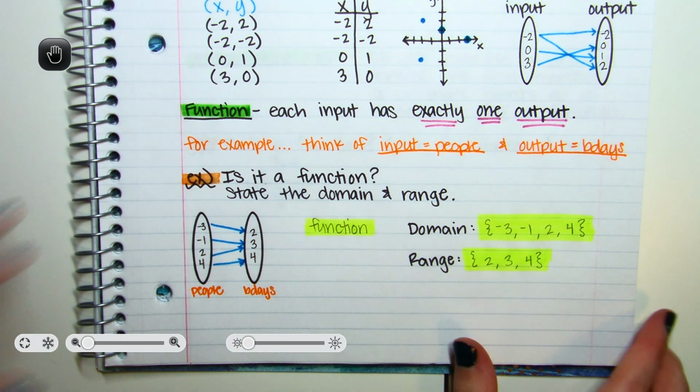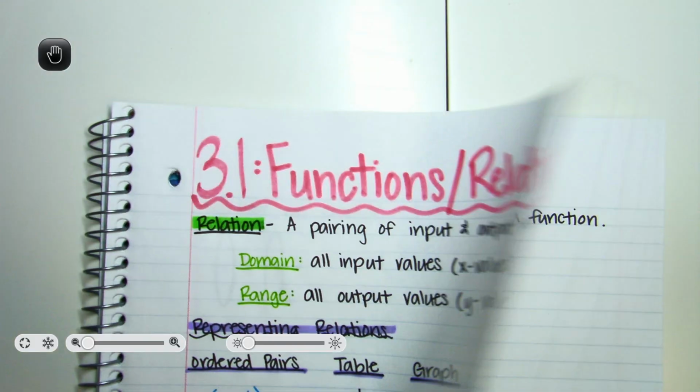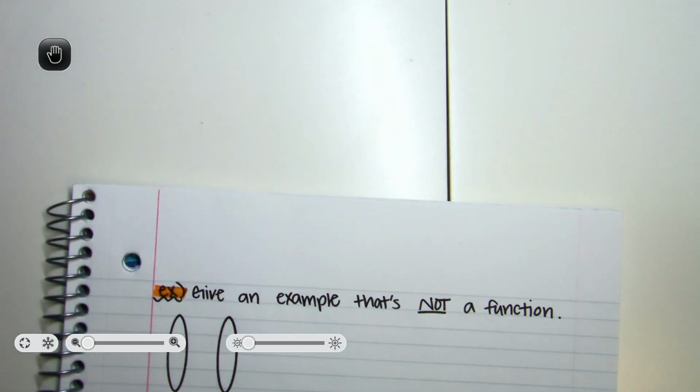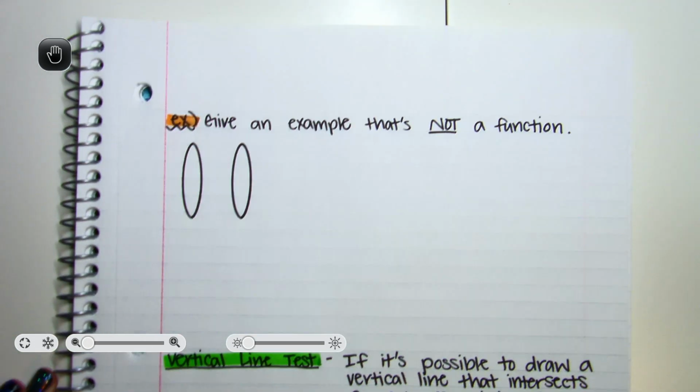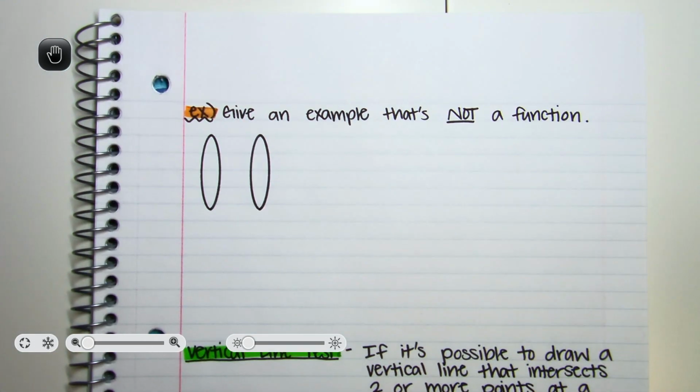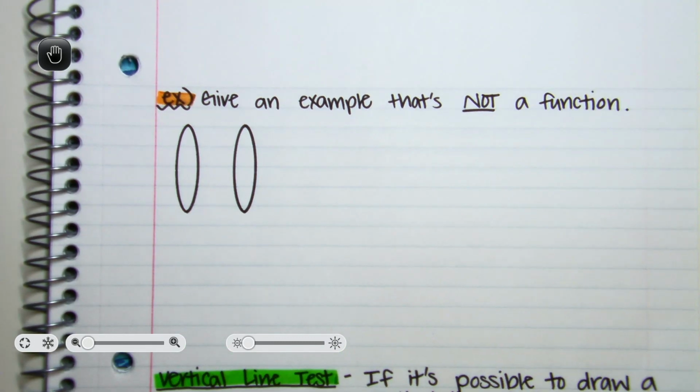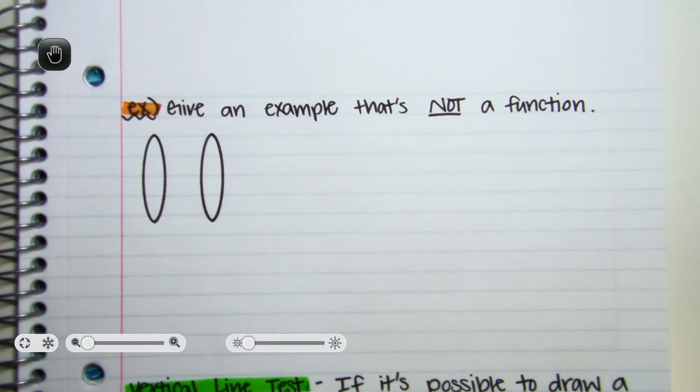All right, let's move on to another example. Go ahead and pause the video to write this down. So now we want to give an example that is not a function.